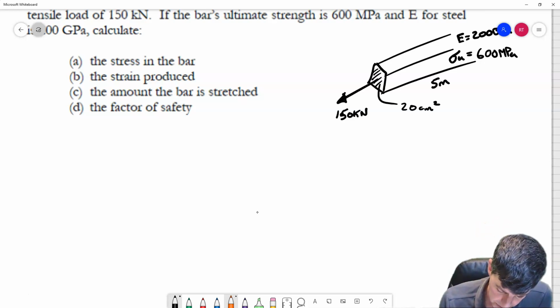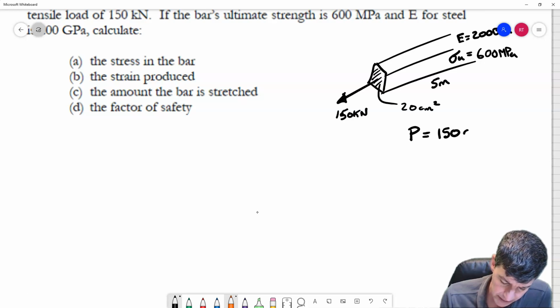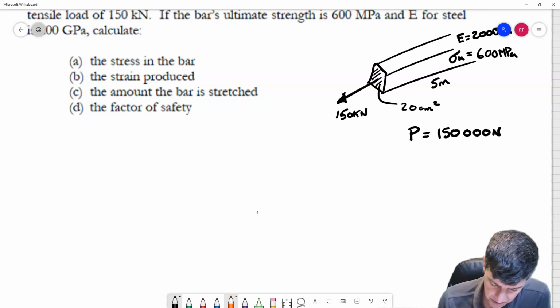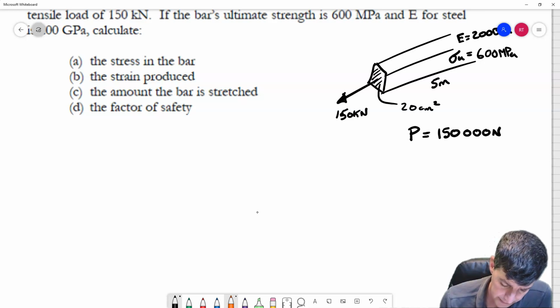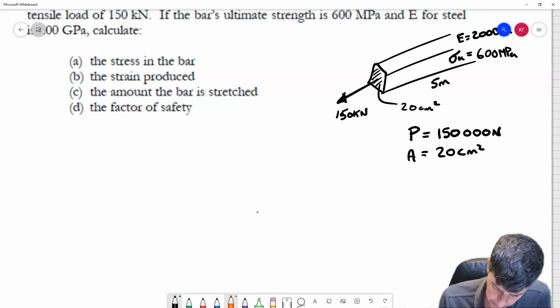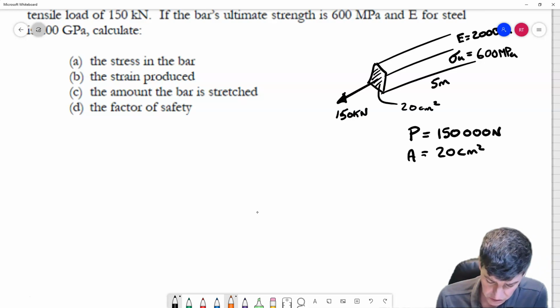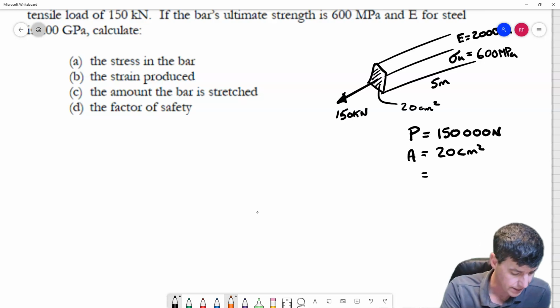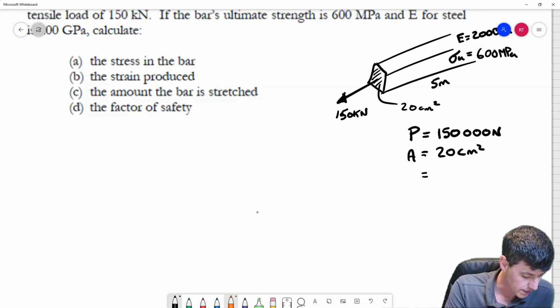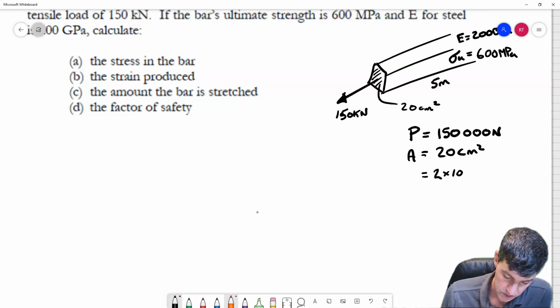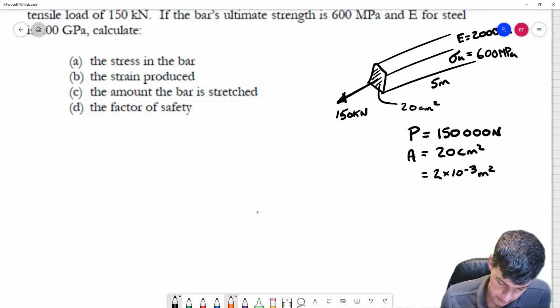That means I have a pull of 150 kilonewtons, but I want that expressed in newtons, so 150,000 newtons. We have an area of 20 centimeters squared, but I want to convert that to meters squared. So don't forget we have to divide by 100 twice. 20 divided by 100 divided by 100 gives me 2 times 10 to the negative 3 square meters.